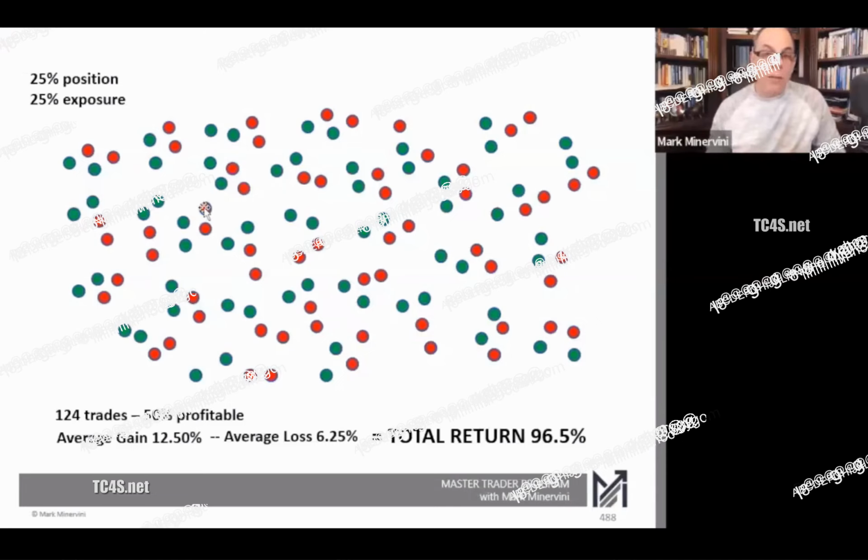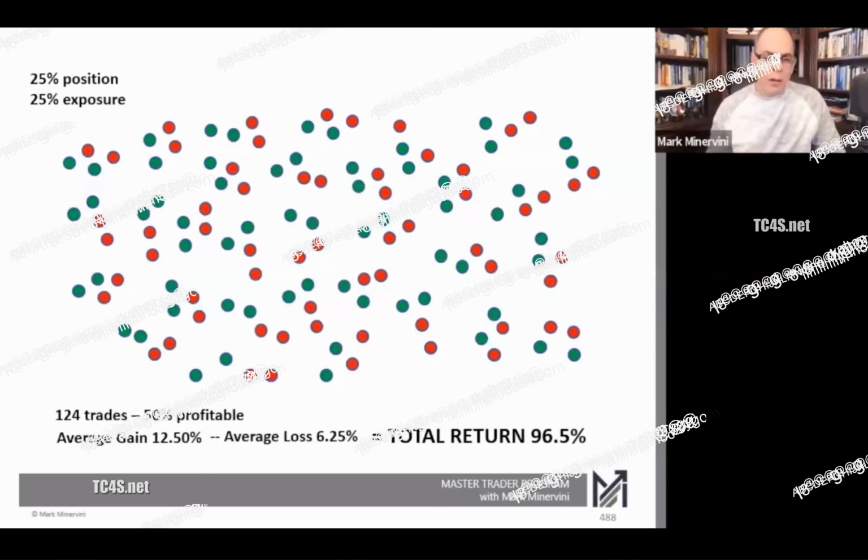You made 12.5%, took your profit, bought another stock, lost 6.25% in whatever order, or average that over the life of these 124 trades, and never once did you dip into that 75% cash. If you had done that, and you did it 124 times, you'd have about 100% return. 96.5% would be your return over these 124 trades.